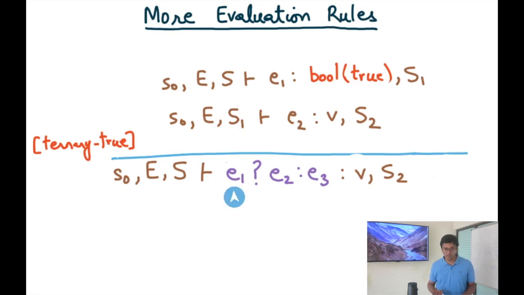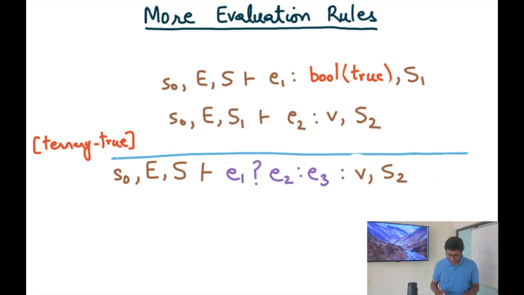The meaning is very similar to if then else, except that this may return a non-void value, and it will return a value that is either E2 or E3's value. Recall that when we were discussing the typing rules, we used the least upper bound, but here we are not going to use it. We'll have the exact runtime value, because this is not a static analysis, this is not a semantic analysis, this is actually the runtime evaluation of these expressions.